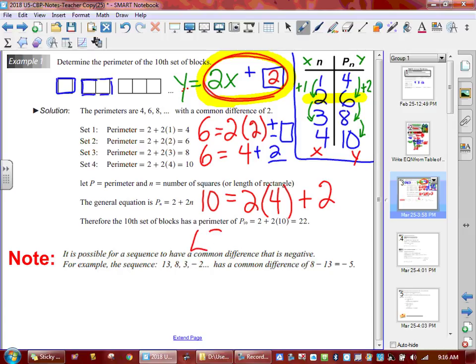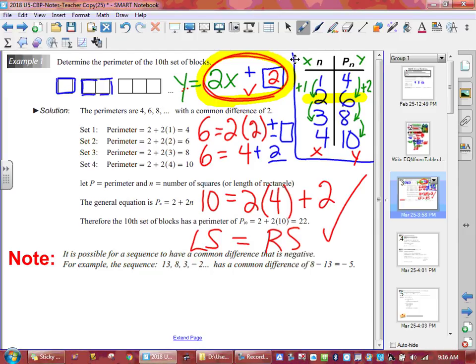We want to see if the left side is equal to the right side. What's 2 times 4? 8. Plus 2 more? 10. So 10 equals 10. So the left side does equal the right side. That means we found a true equation. Okay? So our equation is correct. We found it true. That's how we know.